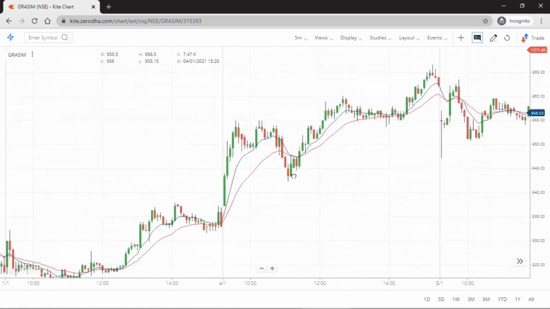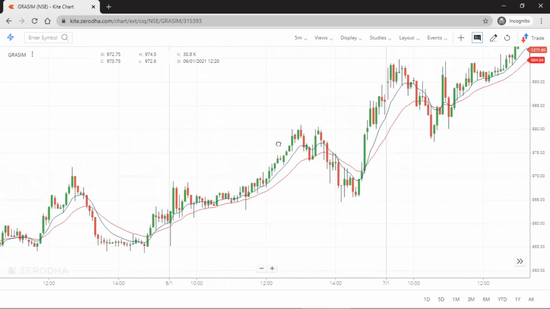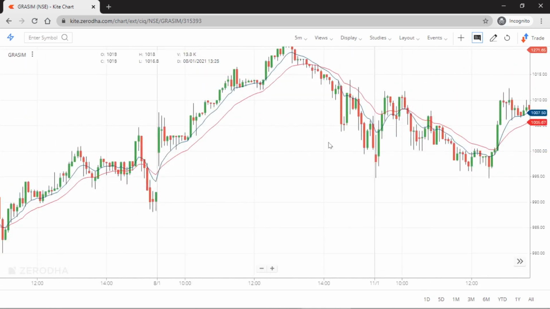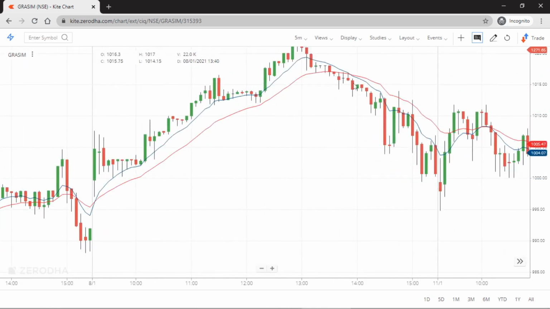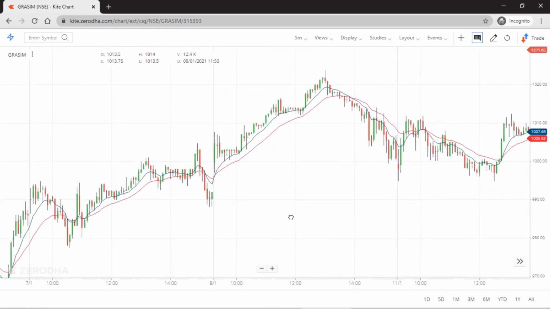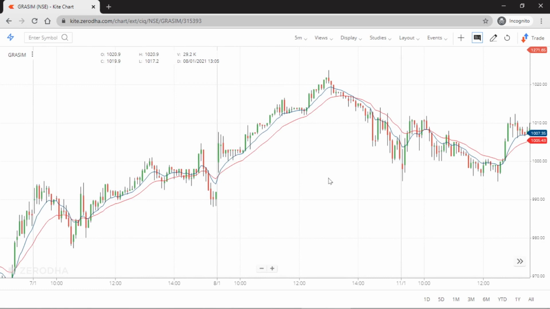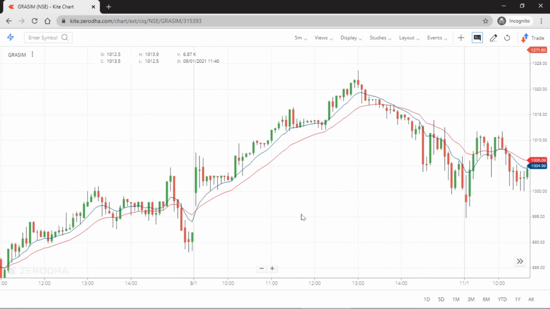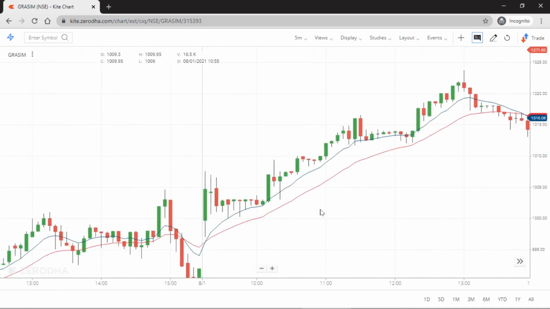And whenever shorter term period crosses below the longer term period EMA, that would give a sell signal or a downtrend. So this strategy is basically used in intraday or a shorter term period trade.